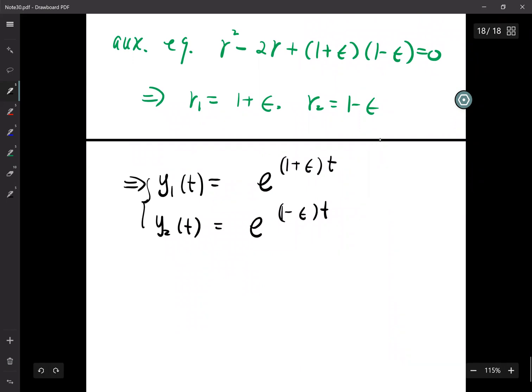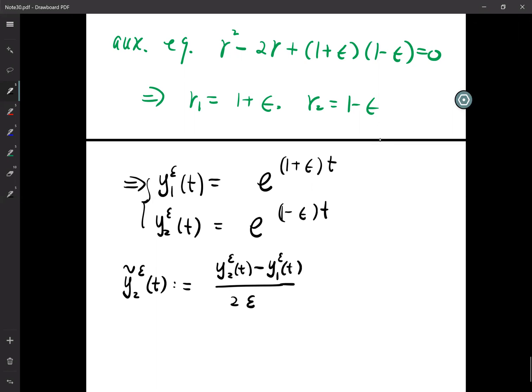Remember that these are solutions to the homogeneous system. Therefore, a linear combination of the two solutions, let's call it y tilde epsilon(t), defined to be the difference of the two.